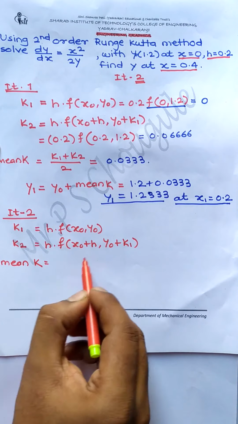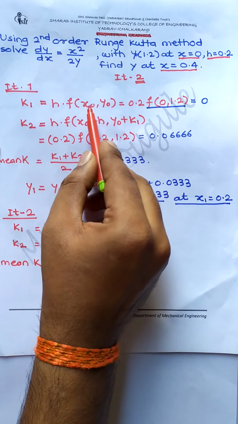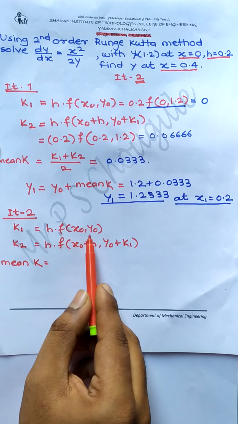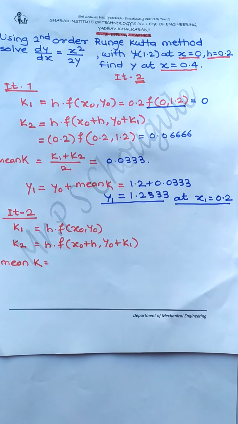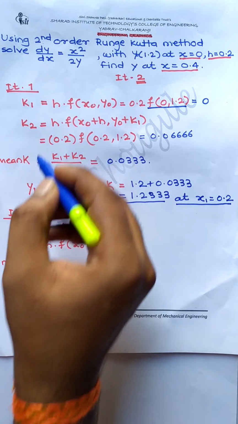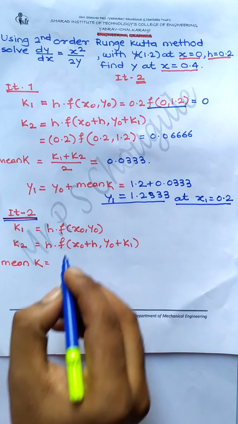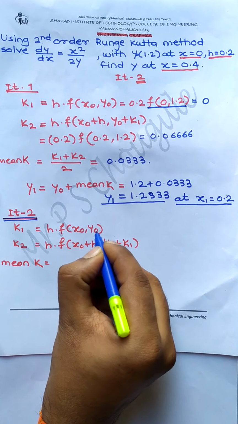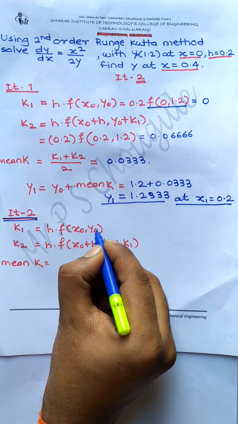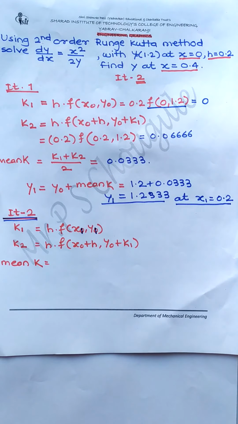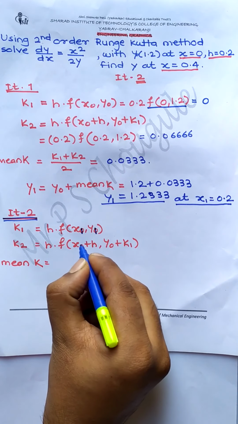Now if you look here, I have written the same equations over here, but the little change you have to make: since we are at the second iteration level, instead of x0 and y0, I need to change these values to x1 and y1.